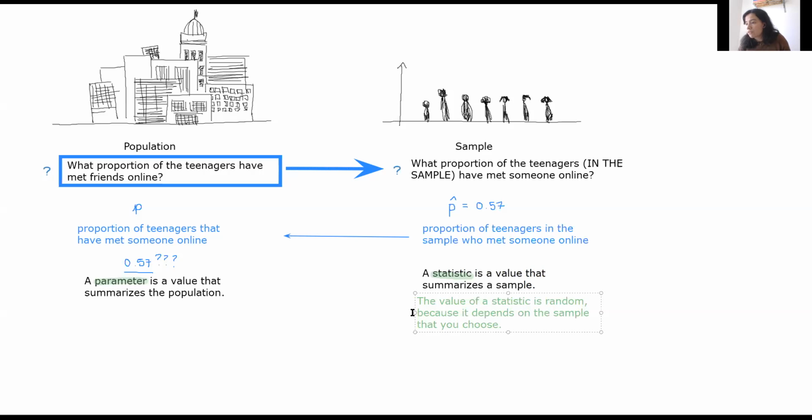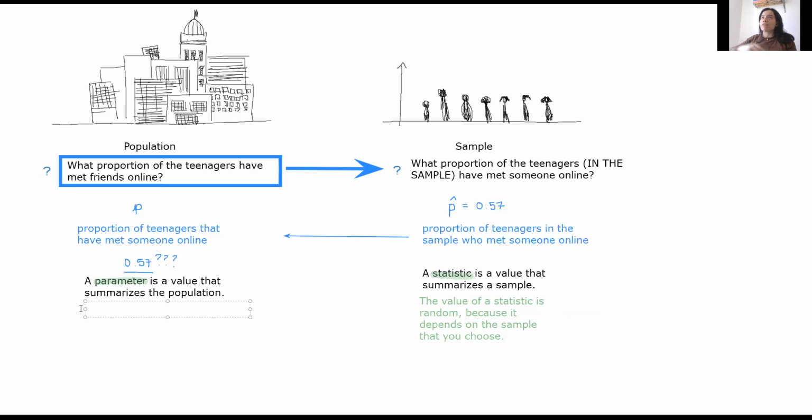Depending on the sample that you get, you're going to get a different value for the statistic. The parameter, on the other hand, is fixed because if you have a population that is fixed at any given time, then the value of, let's say, the proportion of teenagers that have met friends online at a specific time is going to be fixed.